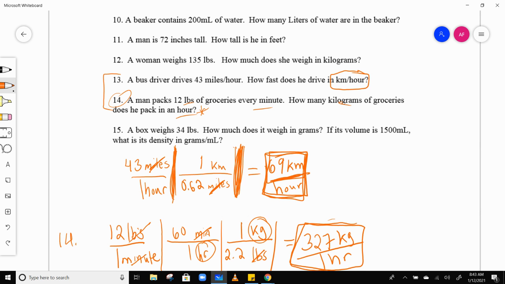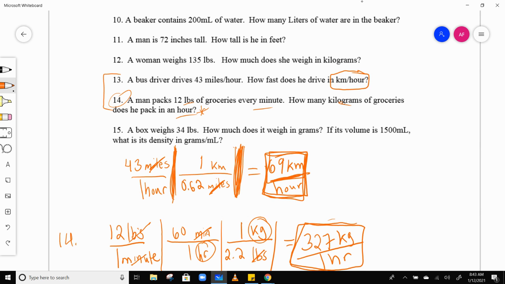There was one more thing I wanted to say. If your numbers are really, really big. I get the question, when do we use scientific notation?